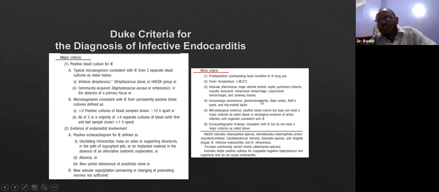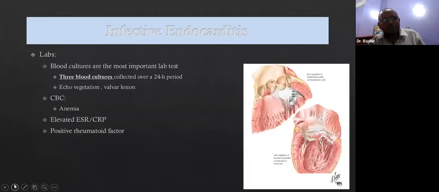Immunological phenomena like glomerulonephritis, Osler nodes, Roth spots, and rheumatoid factor. Microbiological evidence, but not meeting the positive criteria, meaning not three serial cultures or two common organisms. Echo findings not consistent with infective endocarditis. These are the major and the minor criteria.